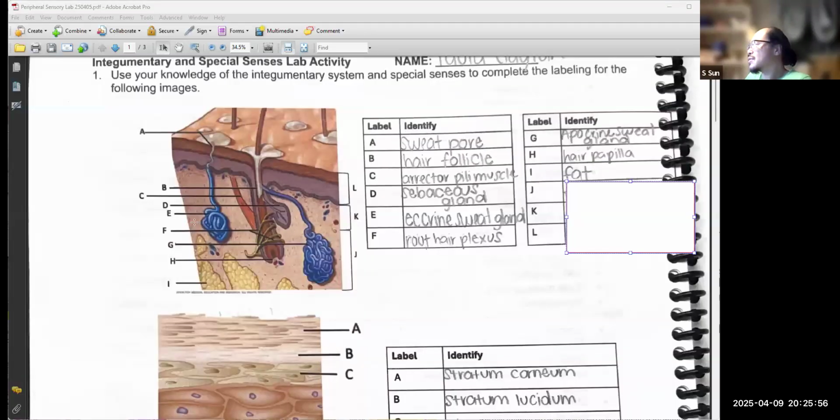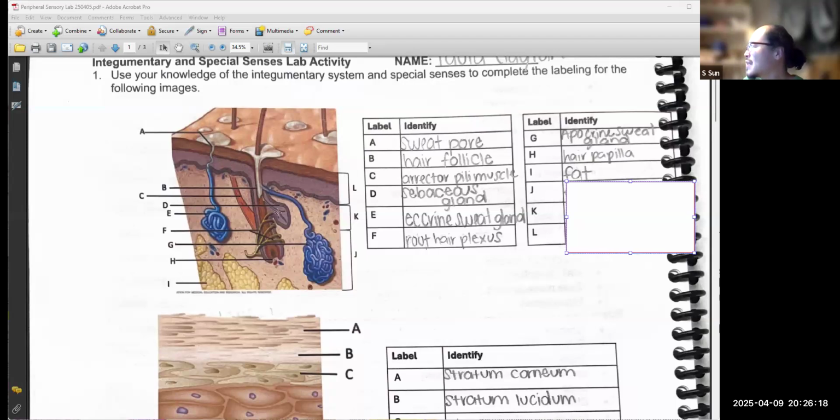This is one figure we saw earlier, so let's go through it. A is a sweat pore. You can go to the slides and see the labeling. B here is the hair follicle. C is the muscle, the erector pili muscle.